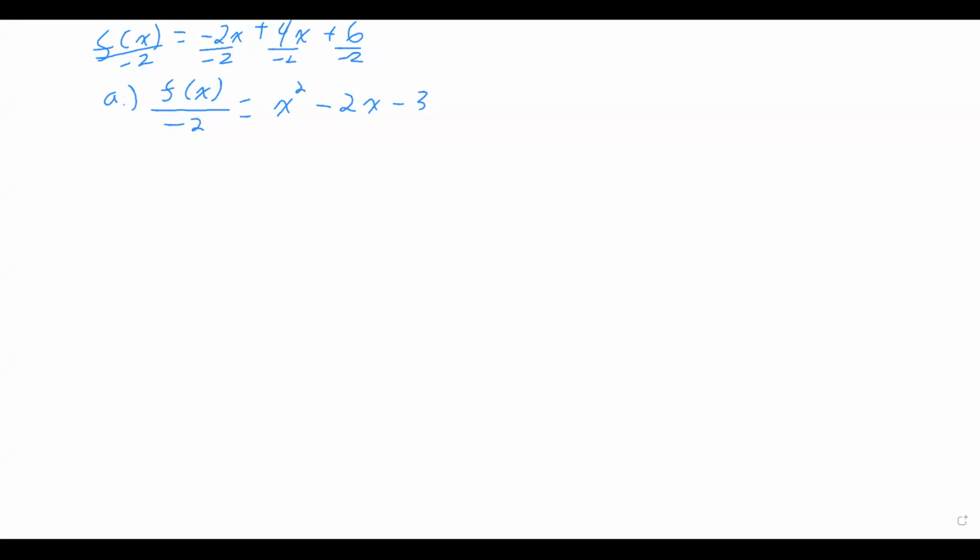And then, yes, we're going to add a blank and subtract a blank so we don't change the value of the expression. So that'd be -2x plus a blank.